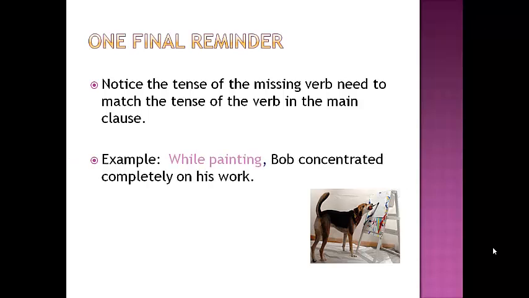While painting, Bob concentrated completely on his work. So our elliptical clause is while painting. The words that are omitted from our elliptical clause are my subject, Bob, and a verb. So would it be, while Bob is painting, Bob concentrated completely on his work?